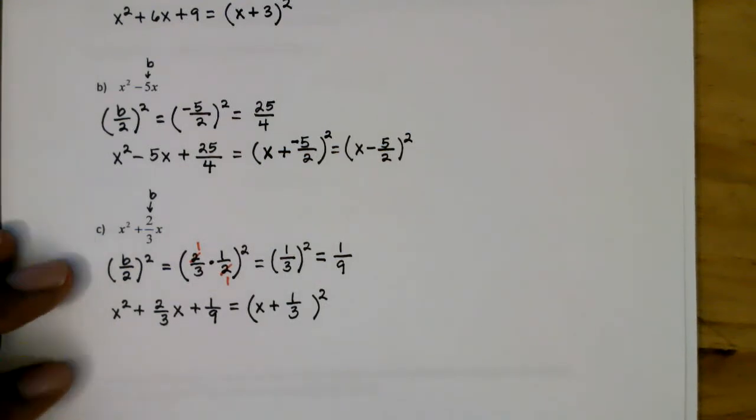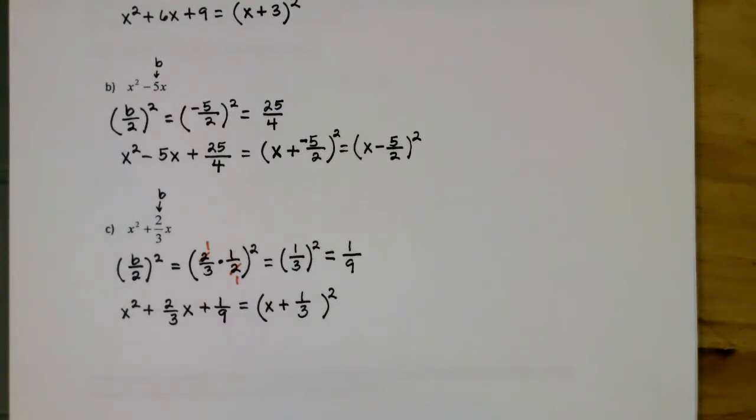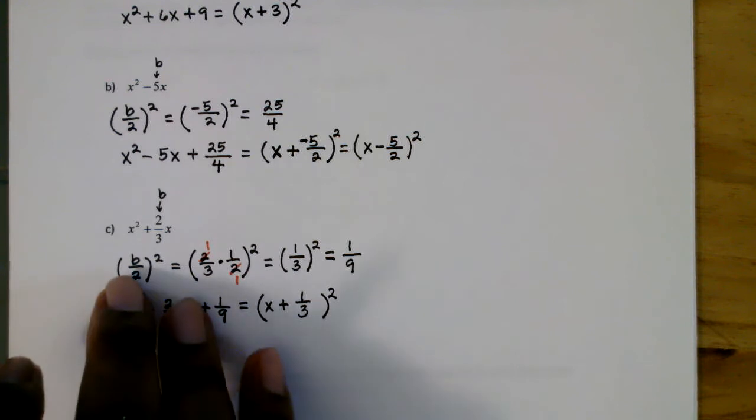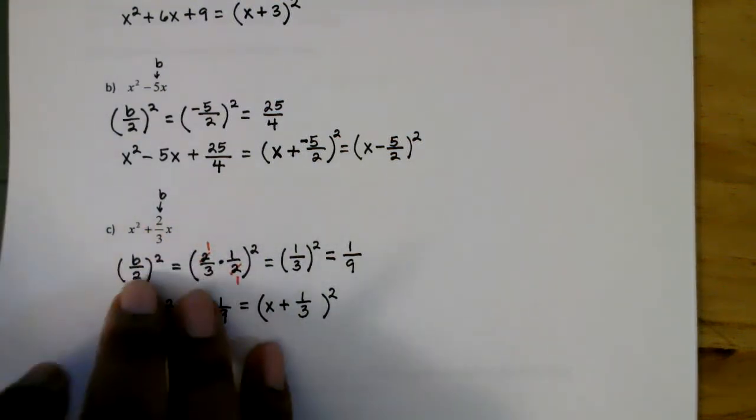So I get x plus 1/3 quantity squared as the square of a binomial. Okay. Now we're going to use that particular idea when we're dealing with quadratic equations using the concept of completing the square.